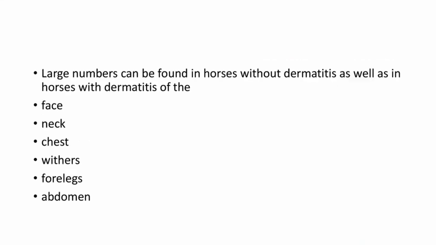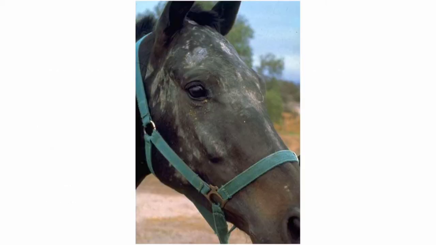Large numbers can be found in horses without dermatitis as well as in horses with dermatitis, and lesions can be seen on face, neck, chest, withers, forelegs and abdomen. So here you can see the lesions on the face.